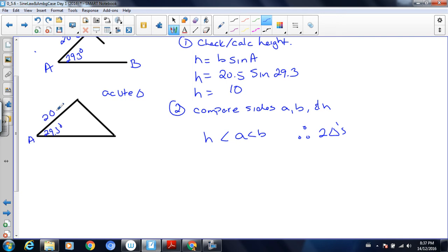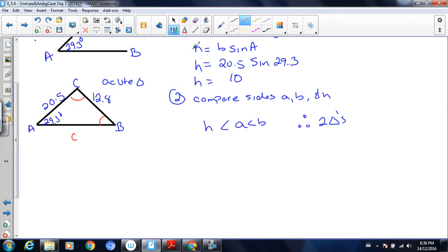This is side A, 12.8. This is side B, 20.5. This is angle C, and this is angle B. So the missing pieces of information are side C, angle B, and angle C. Those are the three missing pieces that I need to solve for.